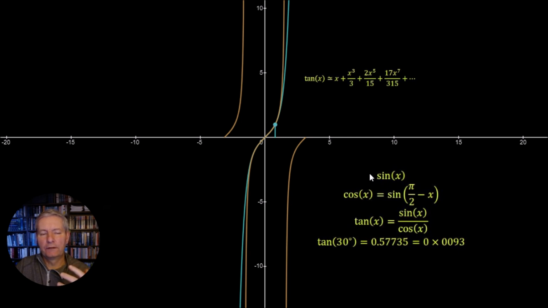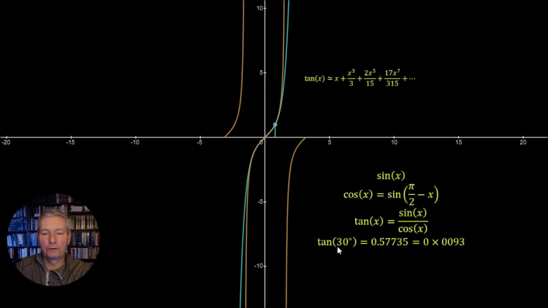And then from the sine of 30 degrees, we can work out the cosine value for 30 degrees as well. And that's going to be the sine of the 90 minus the 30. So it's going to be sine of the 60. So once we've generated both of these, we can then divide them. And when we have divided them, we will have our final answer.